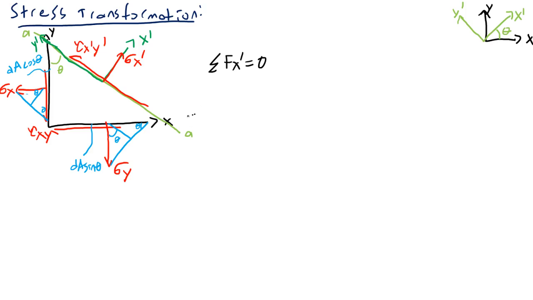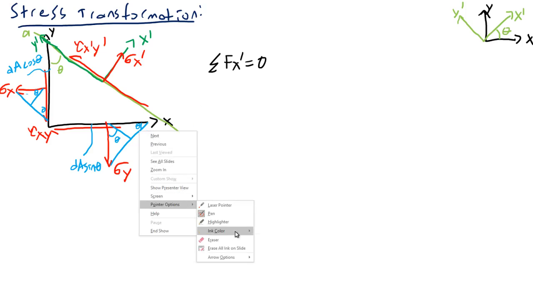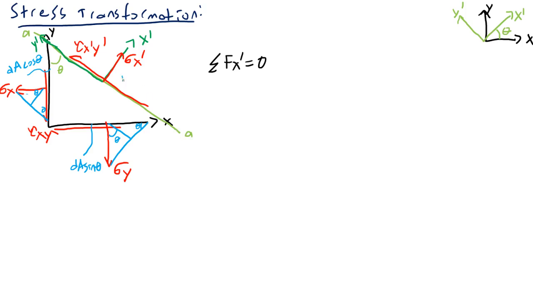Essentially, this area along the hypotenuse is dA here. And the force here is going to be sigma x prime dA. This is going to be tau x prime y prime dA.